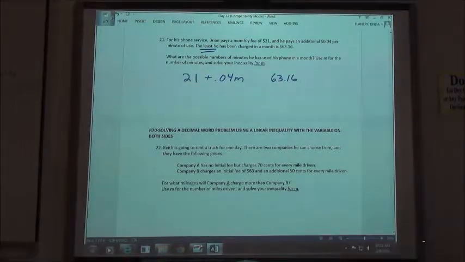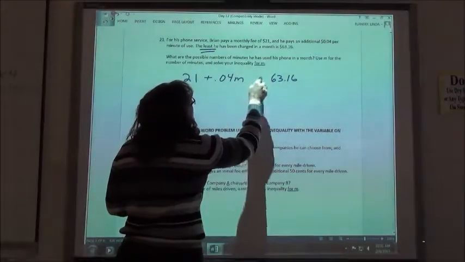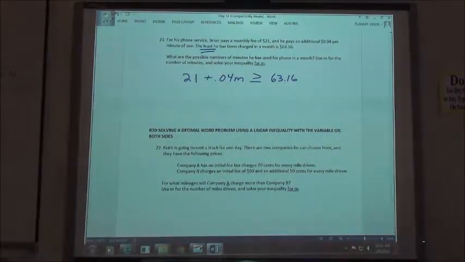If $63.16 is the least, that means that's the lowest he's been charged. Then my inequality sign should be not less than or equal to, but greater than or equal to. This is the least, that's the lowest amount. So it could be the $63.16, but it could be more than that.